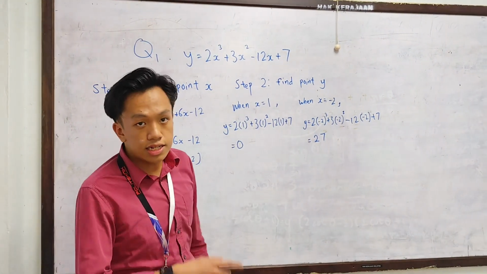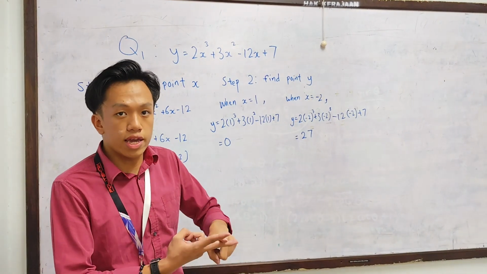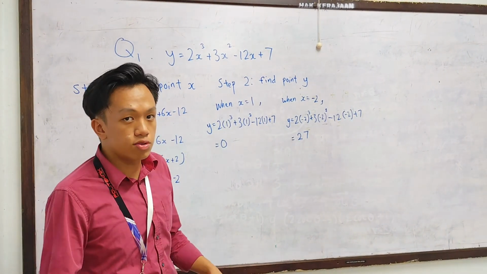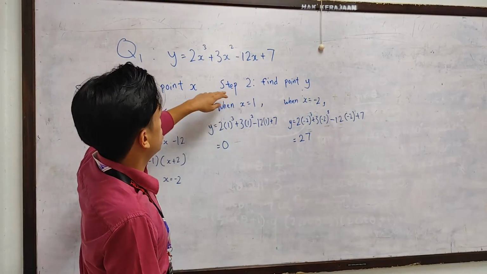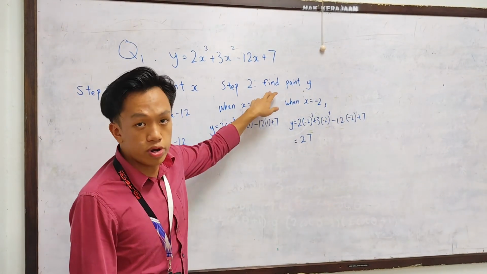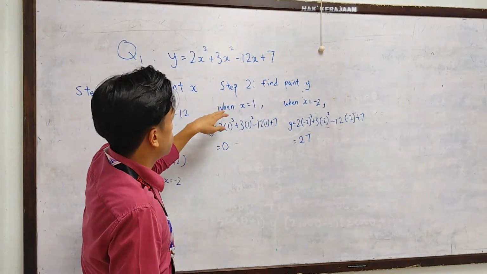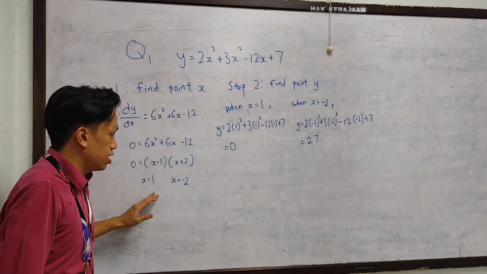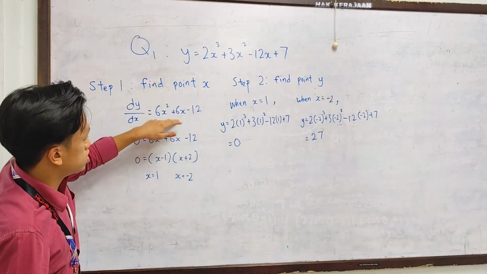As I said just now, both point x and y are needed to draw a graph. So the second step is to find point y. Once we have x, we don't substitute into the differentiated equation.